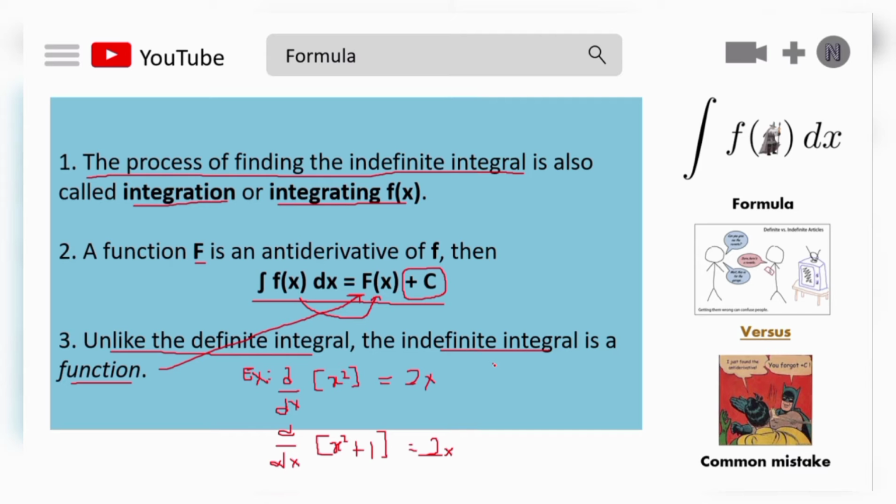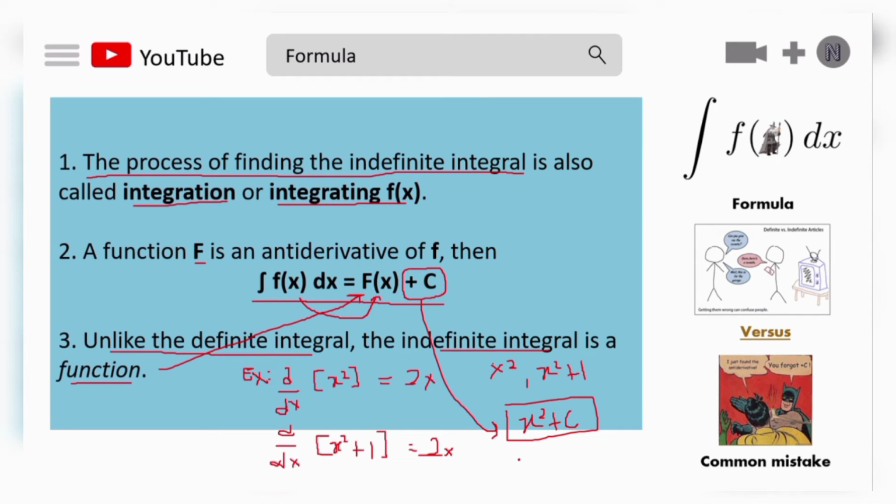We know that x squared, or x squared plus 1, is given by this formula, x squared plus c.